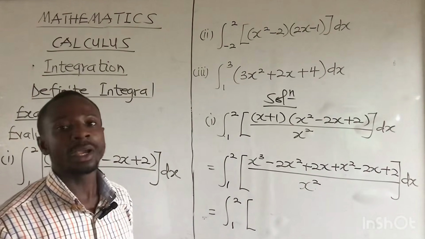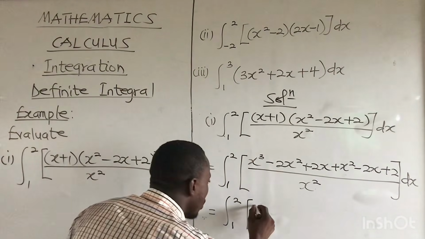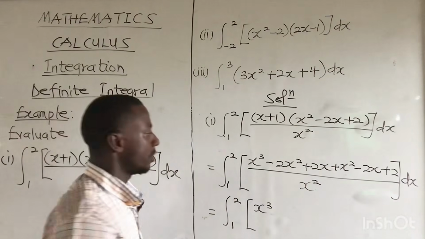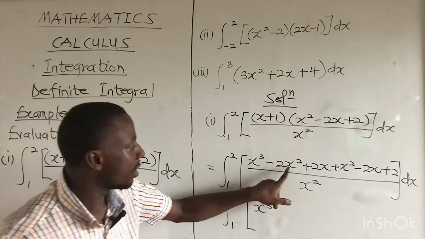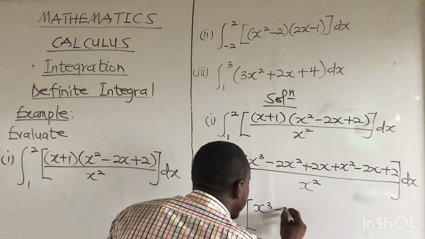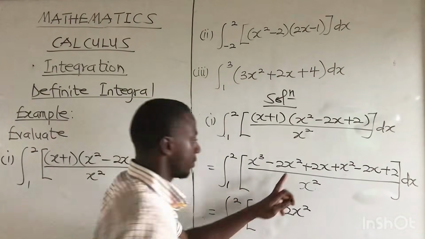So from here, we can group like terms. We have x cubed, which is the first one. We have minus 2x squared.